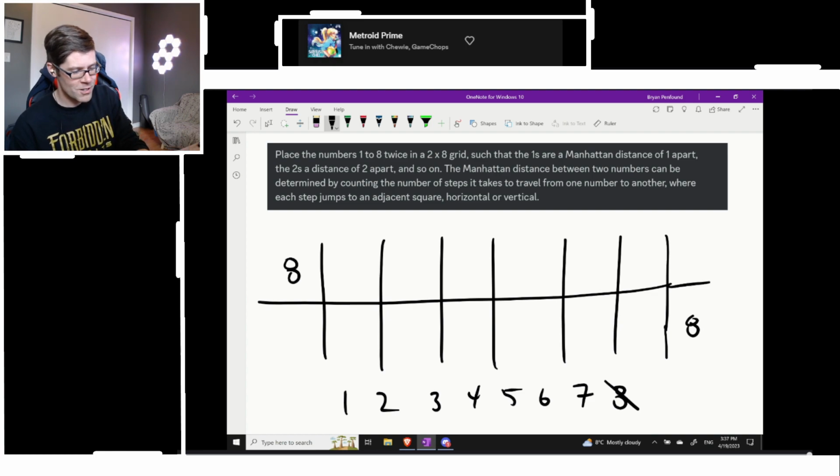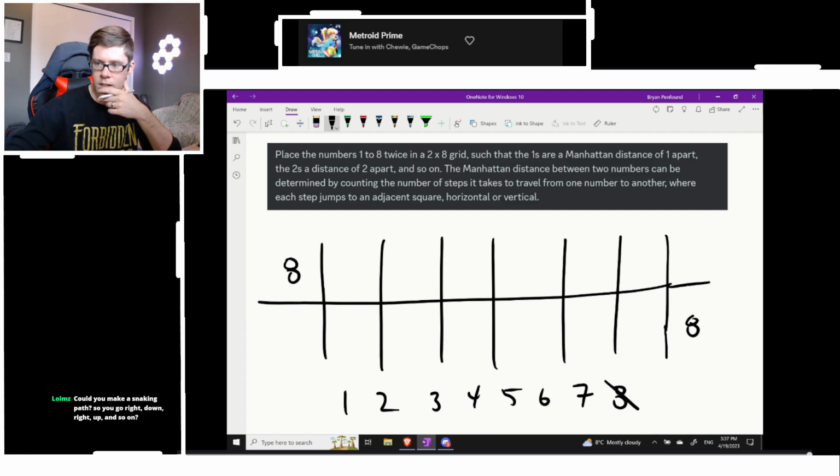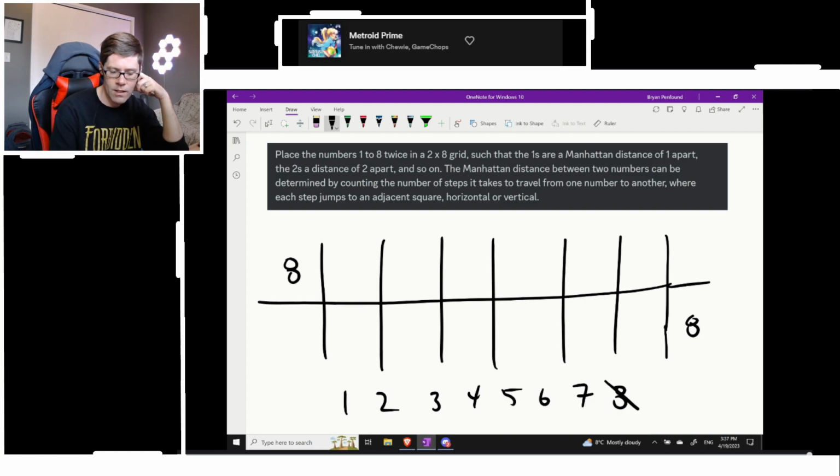My instinct is to do the same thing with 7, but there are a lot more possibilities now with 7. And 1 gives me a lot of flexibility because the 1s just have to be beside each other. That's the only restriction. So I still want to work with 7 and 6 first, just because they're rather big numbers. Manhattan doesn't allow us to snake around.